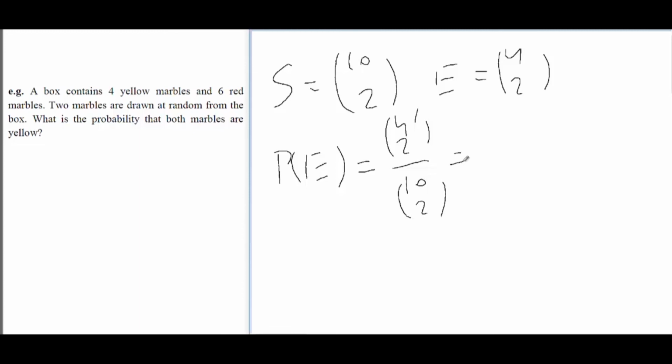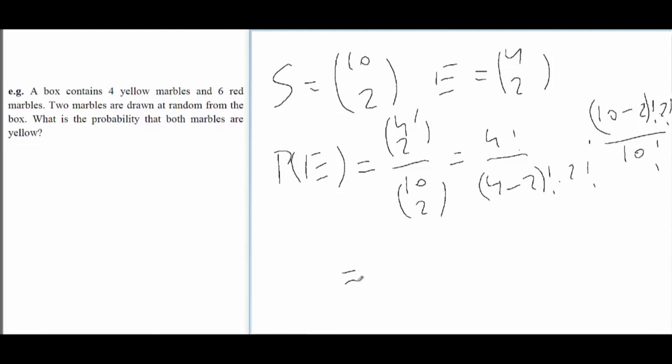Let's calculate it: 4 factorial over (4 minus 2) factorial times 2 factorial, times (10 minus 2) factorial times 2 factorial over 10 factorial.